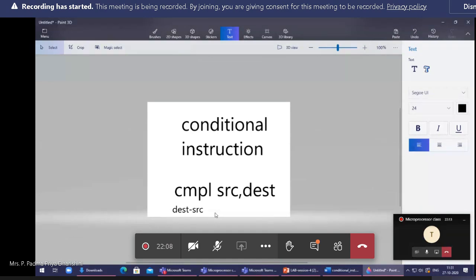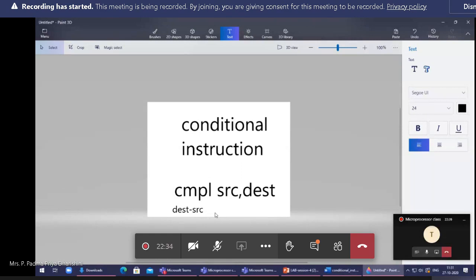But only for this compare instruction, the source value is subtracted from the destination, but the destination won't get updated. There won't be any change in the value of destination and source. The only thing that happens is that the source value is subtracted from the destination, and there won't be any change in the other values.